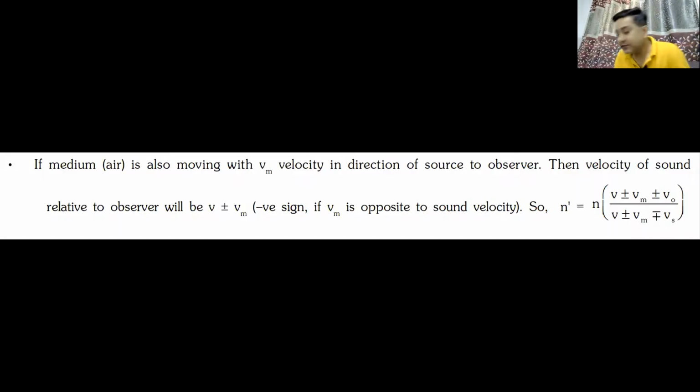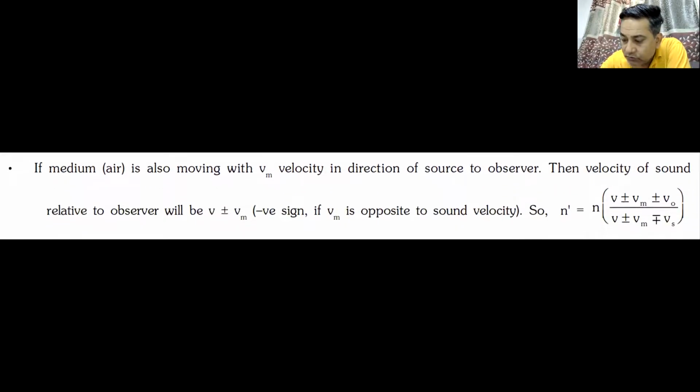So here comes a single formula. If you can remember this, you can use this. This is the formula that I wanted to show you. Frequency n dash or f dash is n into v plus or minus vm plus or minus v naught divided by v plus or minus vm.